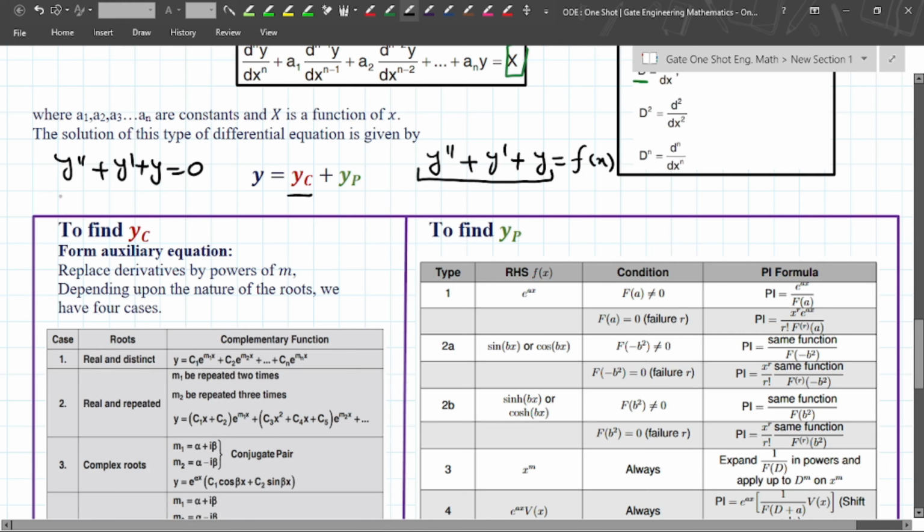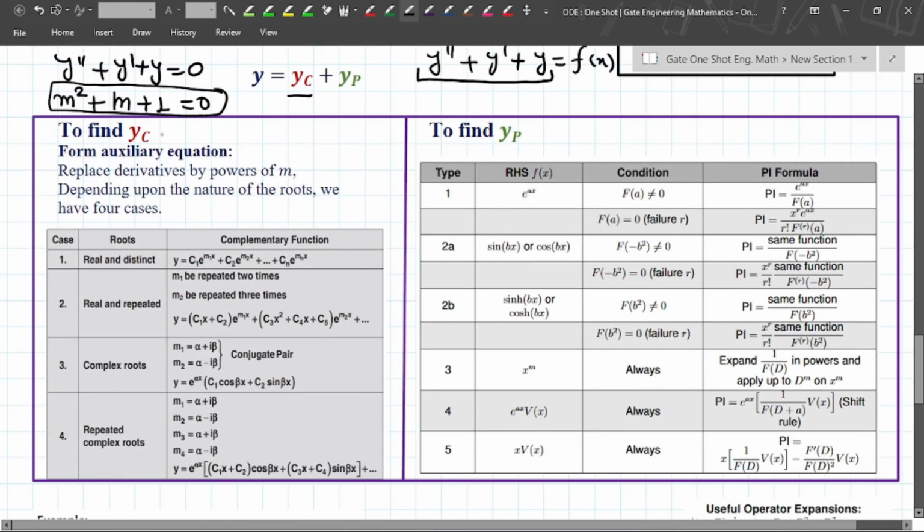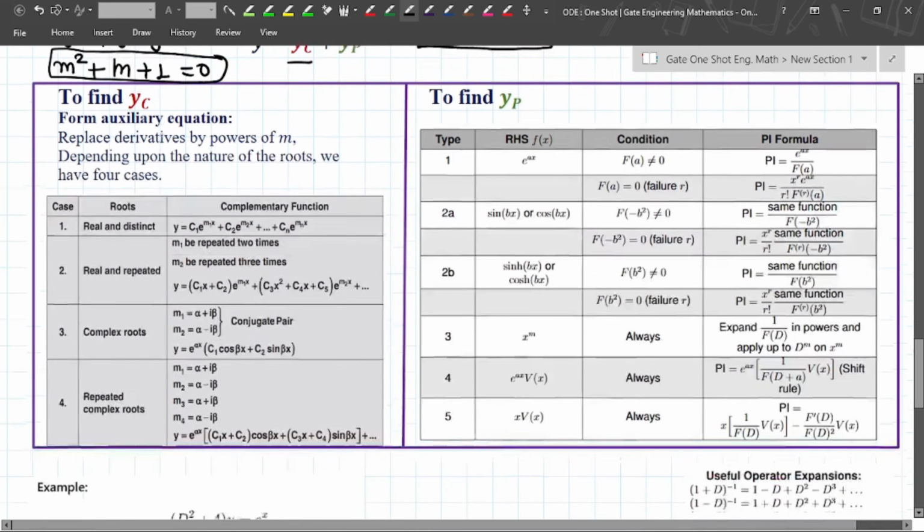Now you are going to find the auxiliary equation. Auxiliary equation means that the second order derivative is replaced as m square, the first order as m to the power 1, and so on, equal to 0. Now it is a quadratic equation, and you are going to find the roots of the quadratic equation. On the basis of the characteristics of those roots, you find the solution.